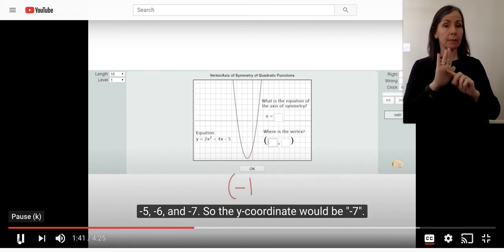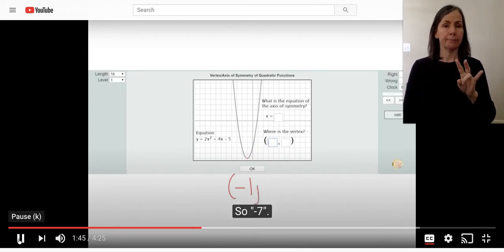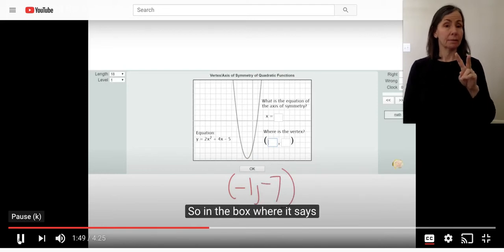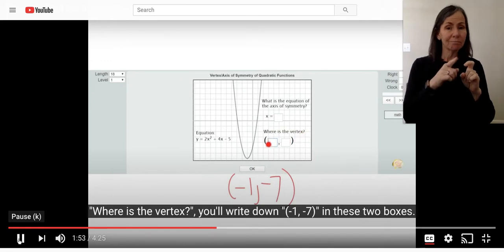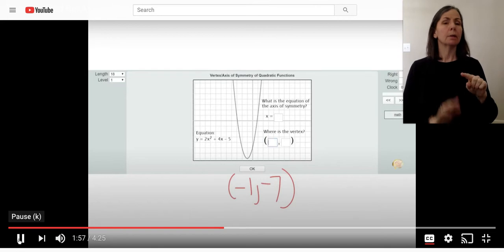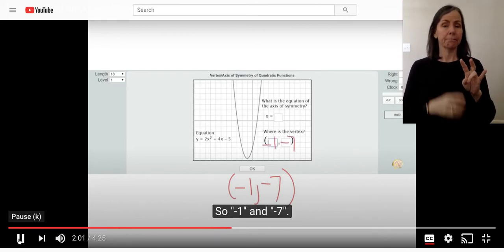So the y coordinate would be -7. So on the box where it says, what is the vertex? You'll write down -1 and -7 in these two boxes.